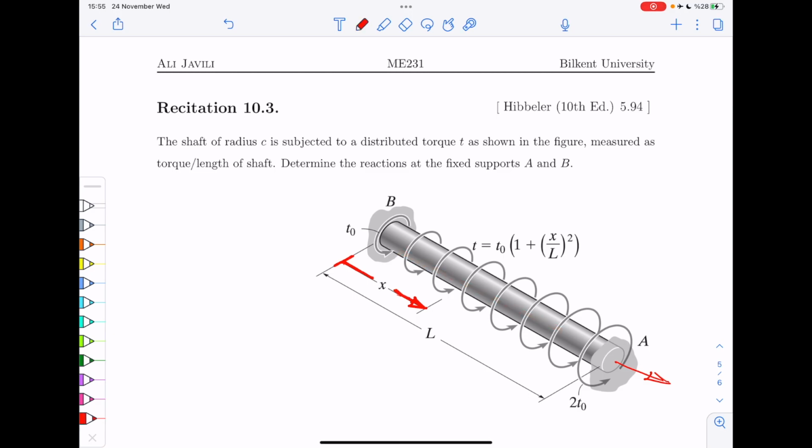So if we want to draw a one-dimensional version of this, and I always encourage you to do that, always try to write or draw a one-dimensional version of this. These counterclockwise torques, according to our convention, you can assume they are all plus, right?